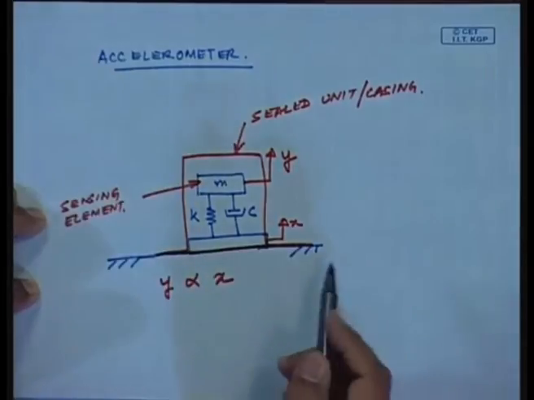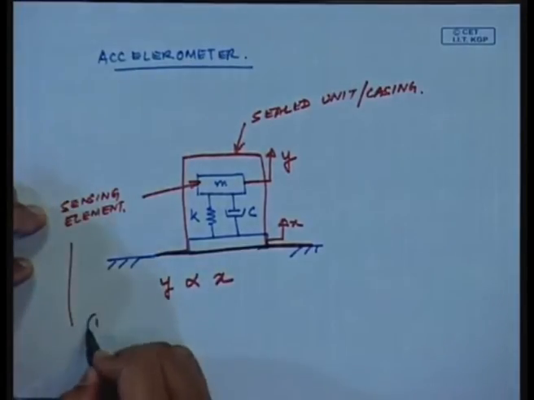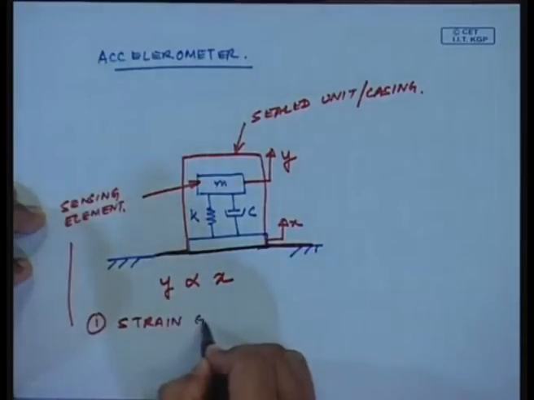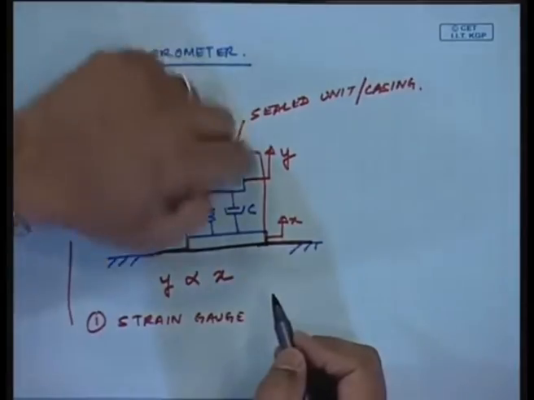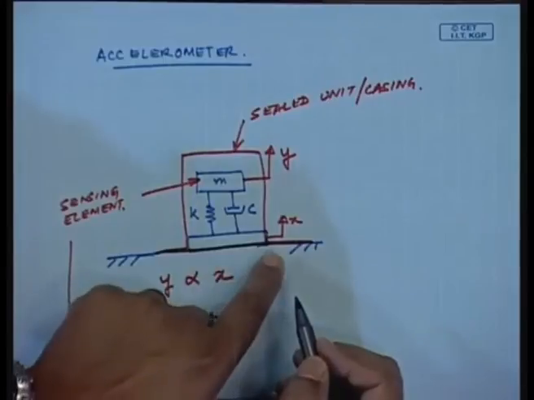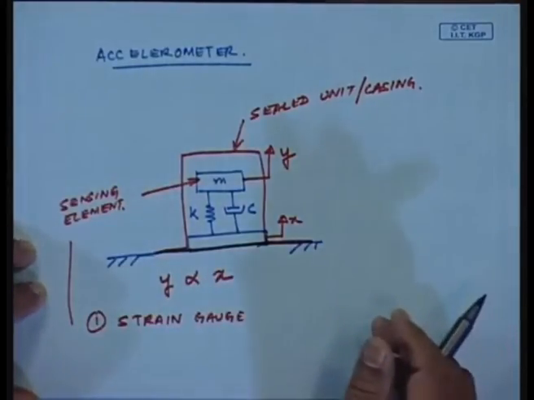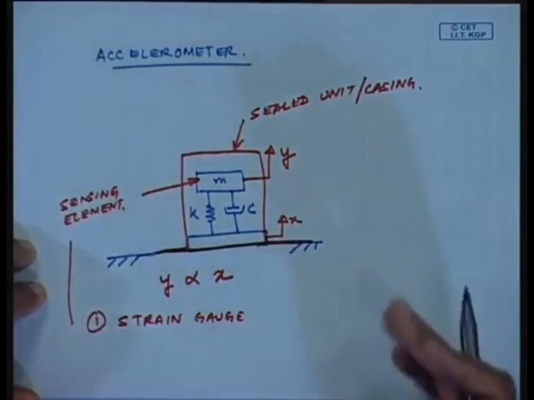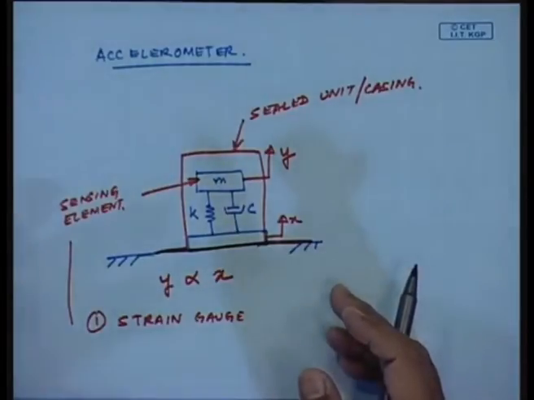Now, what could be the sensing element? The sensing element could be, as I have told you, strain gauges, because of this motion there will be some strain, and the strain will be indirectly responsible to get a measure of what x is. So, this is what initially was the strain gauge type of accelerometers, but now strain gauges need a certain power supply, they need to know resistance, and the resistance should not change with temperature.